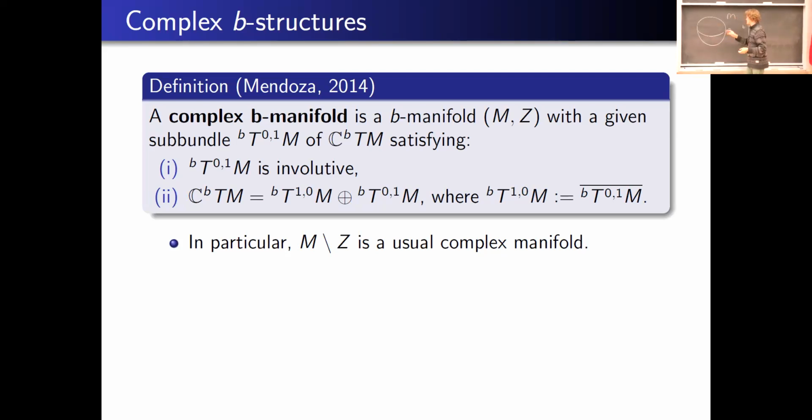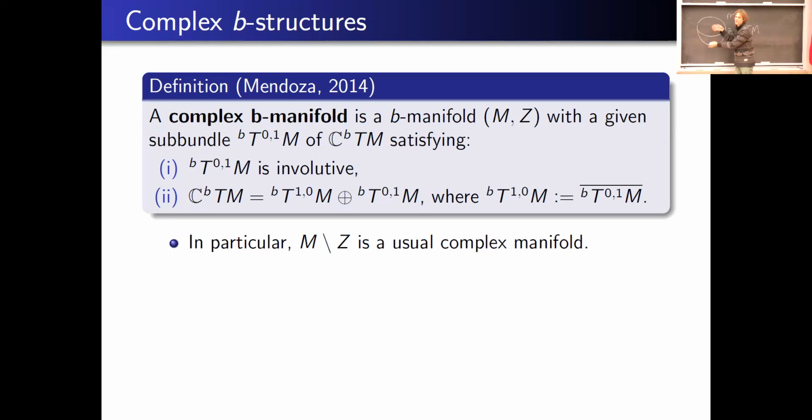You could say, I'm studying complex structures on the complement of Z, which do not extend to Z. In fact, there's not a complex structure defined everywhere, just on M take away Z. But I have specific assumptions about the way that complex structure degenerates when I hit Z. So it has some sort of cylindrical asymptotics or something.